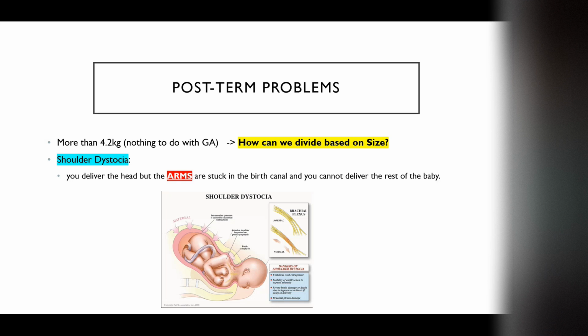How can we divide the newborns based on size? How many ways do we have to classify the newborn based on size? Do you know? Overweight, underweight. Okay, Victoria said overweight, underweight. Like height, weight.